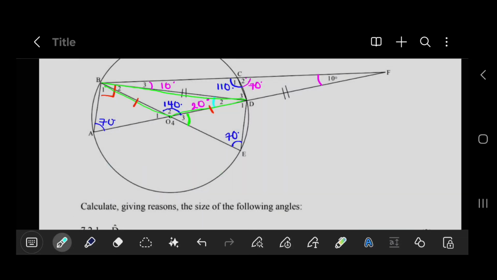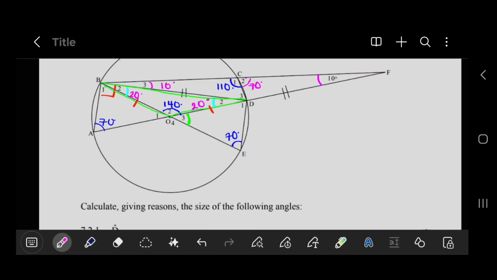Since it is an isosceles triangle, we have two sides equal and two angles equal, meaning that here, angle B2 would equal angle D2, so angle B2 would also be 20 degrees. But why is this important? Why do we need angle B2 to get angle O3?